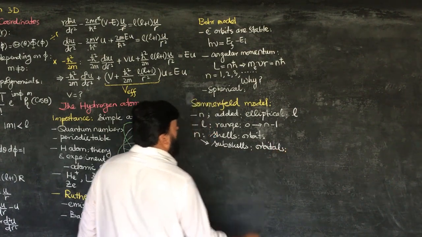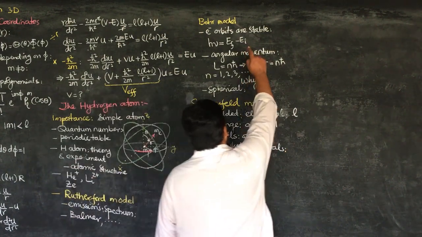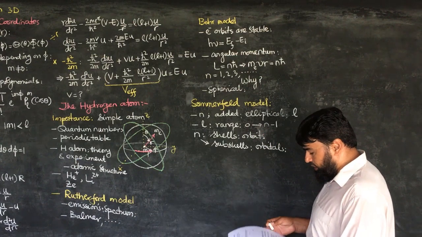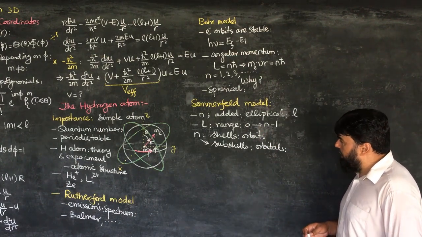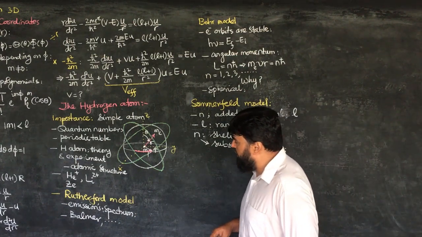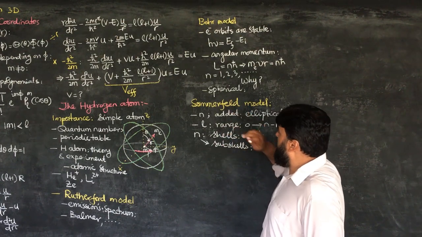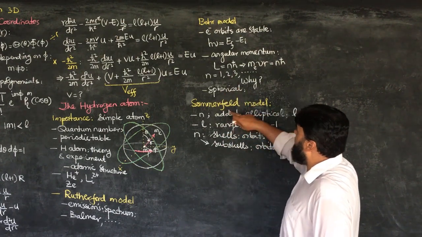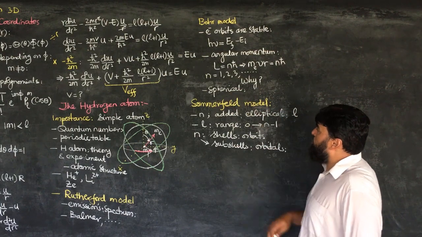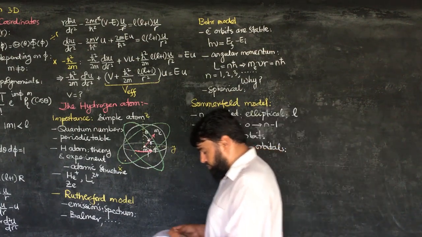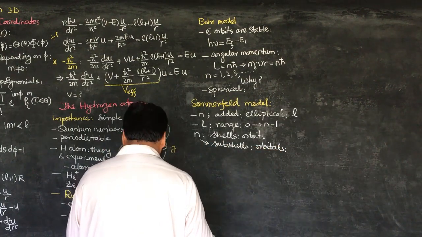So this was one of the modifications to the Bohr model, because different spectral lines were observed in the hydrogen atom, in addition to those for the specific shell.